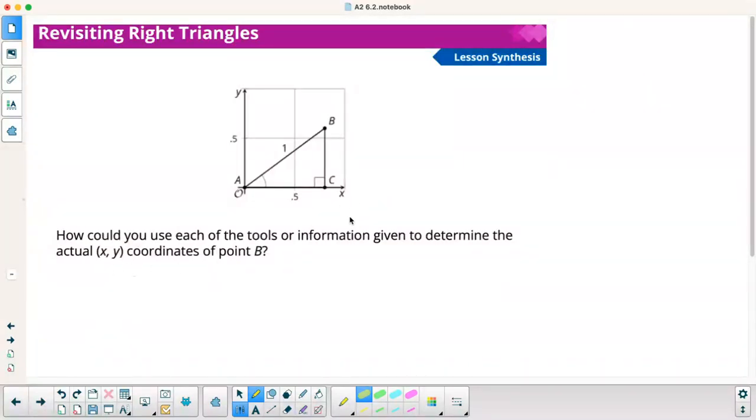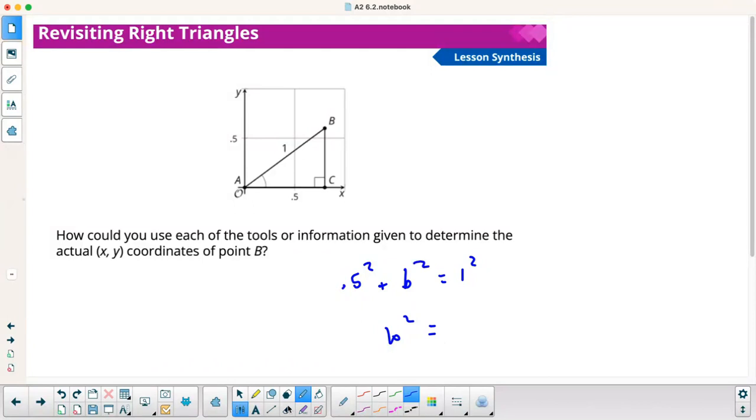All right. So how could you use each of the tools or information given to determine the actual XY coordinates of point B? We would need to find this length here. So I'd probably do the Pythagorean theorem: 0.5 squared plus b squared equals 1 squared.